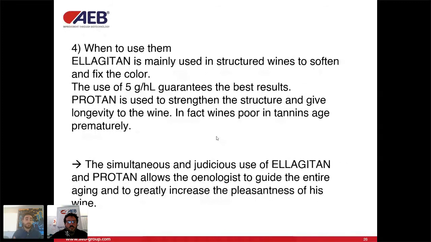But both of the tannins work simultaneously, and therefore understanding which one is the best for your particular case can help you tailor your action to the desired achievement.